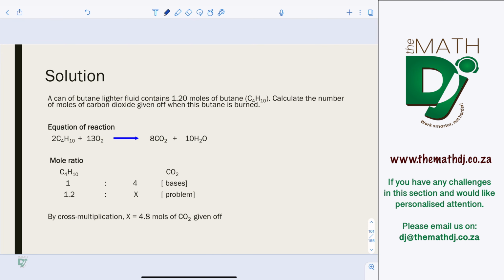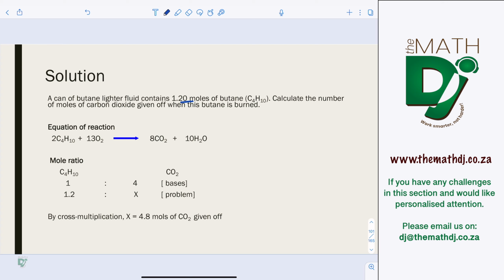Then for the other one, you form a reaction. You know that if a can of butane contains 1.2 moles of butane, calculate the number of moles of carbon dioxide given off when it burns.